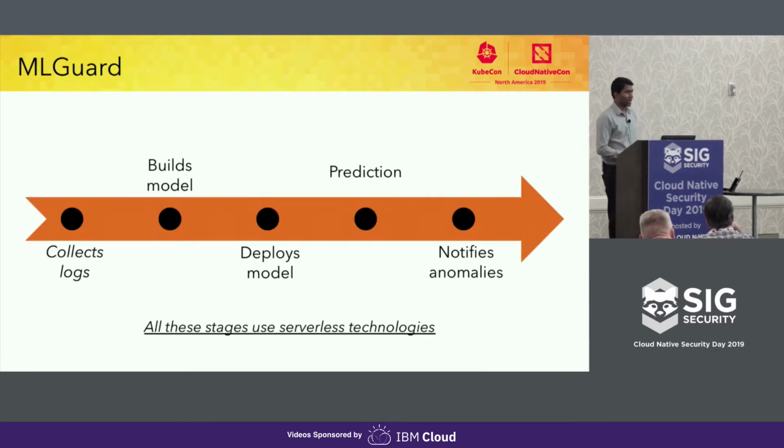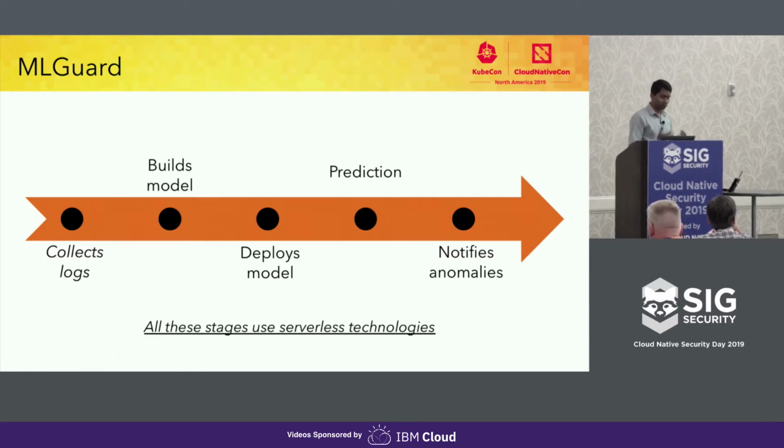So MLGuard has 5 stages, as most machine learning systems have. In the first stage, we collect logs. Logs will help us build models. And once we have the model, we deploy the model.